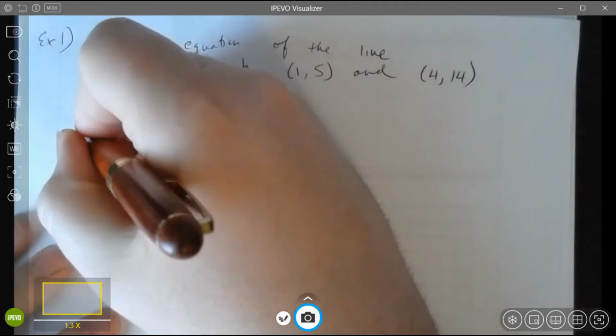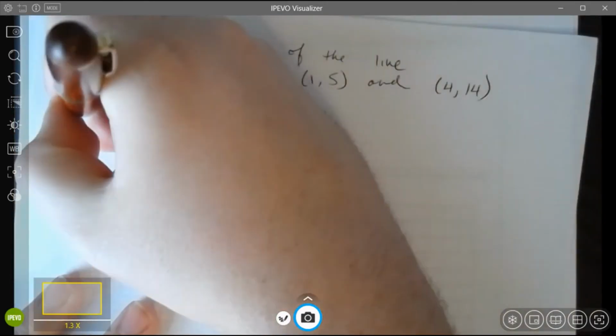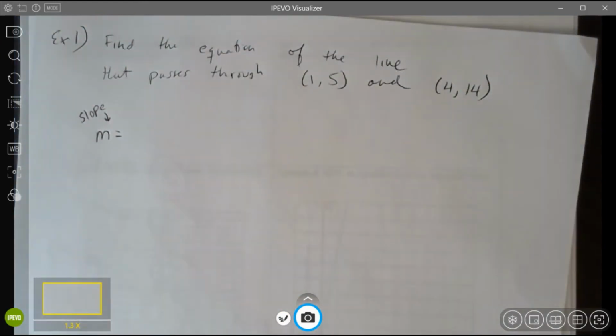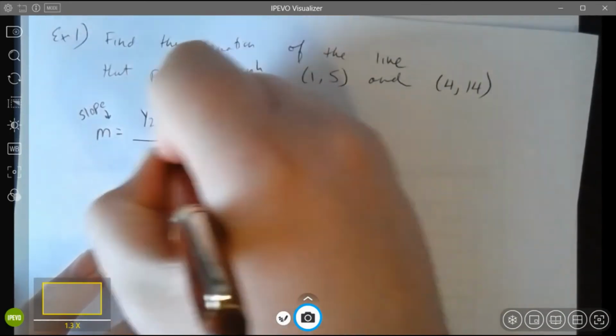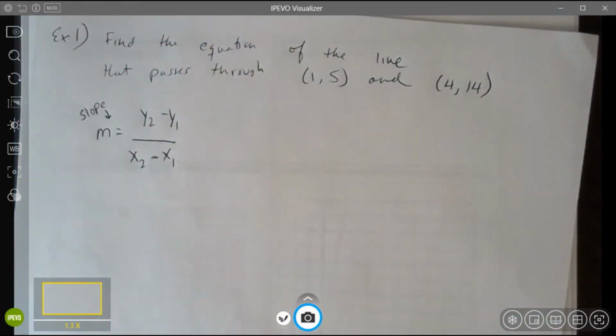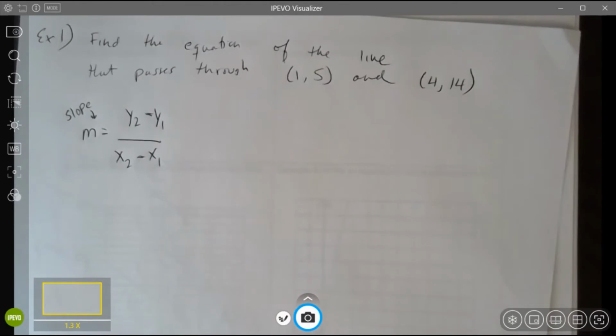So the easiest way to find the slope is to use the formula m equals, so this is slope. Remember, m is the slope. m equals y2 minus y1 over x2 minus x1. This will let you pretty easily find the slope. So we have 2 points.